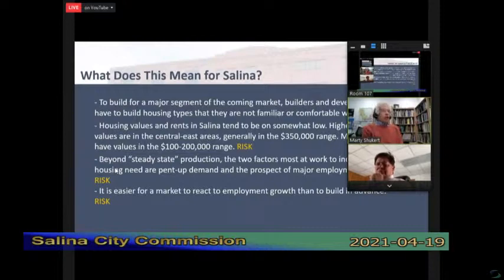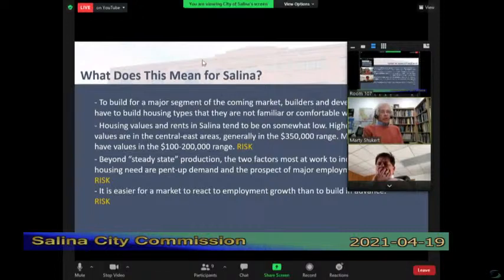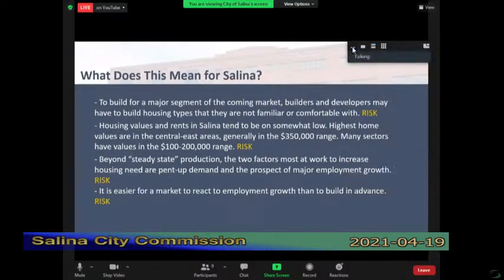If you recall, we talked about the dynamics of markets and about some of what this all means for developers and for programs moving forward. So we know that costs are rising in such a way that in order to build housing that is affordable to a workforce and to a greater slice of the population, we're going to have to build some things that people are not all that used to building.